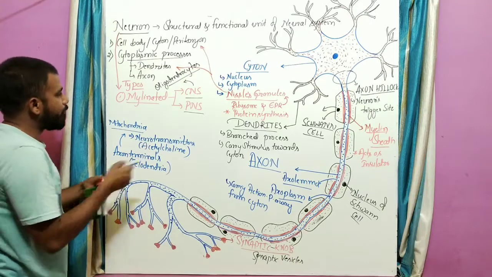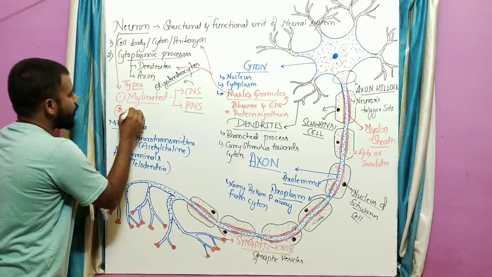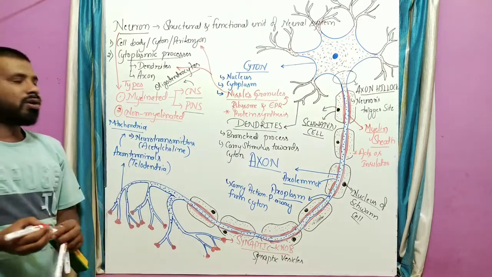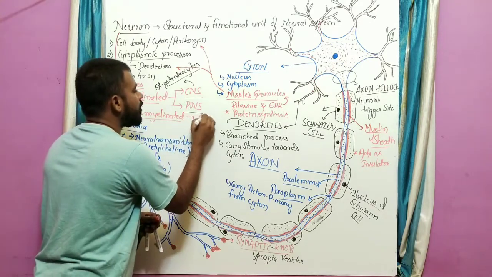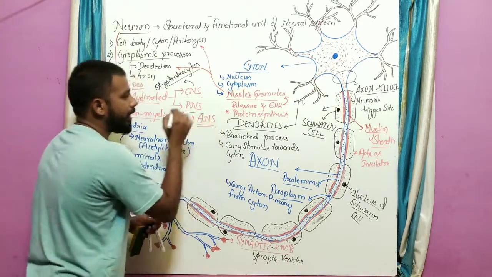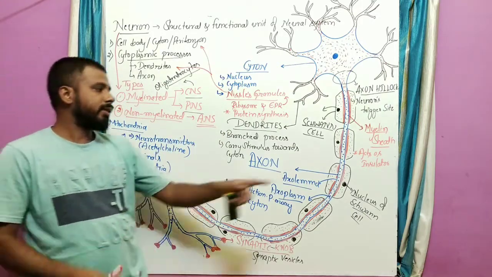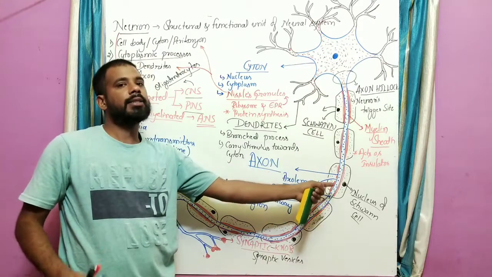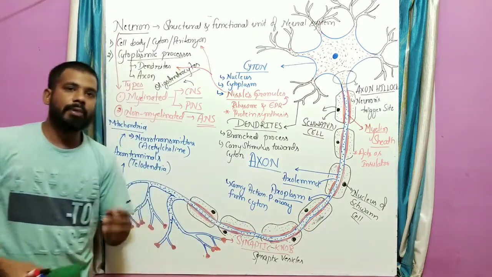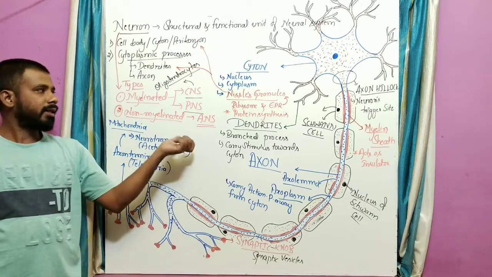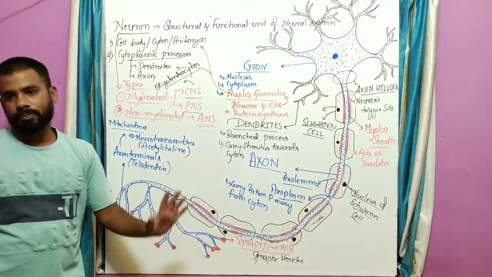The second type of neuron is the non-myelinated neuron. These non-myelinated neurons are found in the autonomic nervous system, where the myelin sheath is absent. Schwann cells are present, but they do not secrete myelin sheath, which means there is no myelinogenesis in the autonomic nervous system.